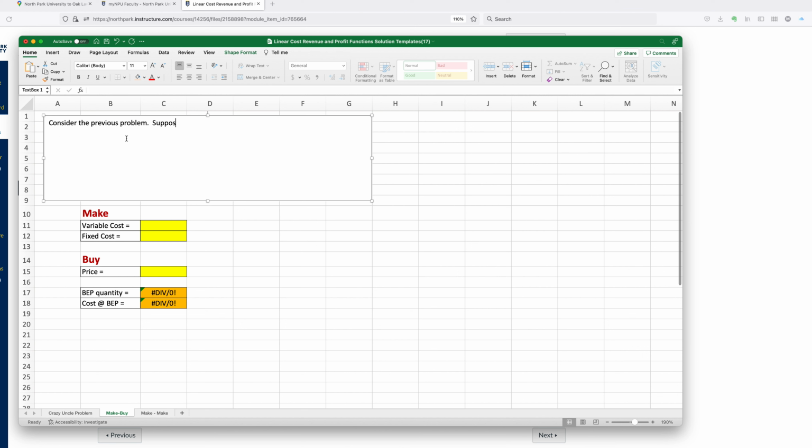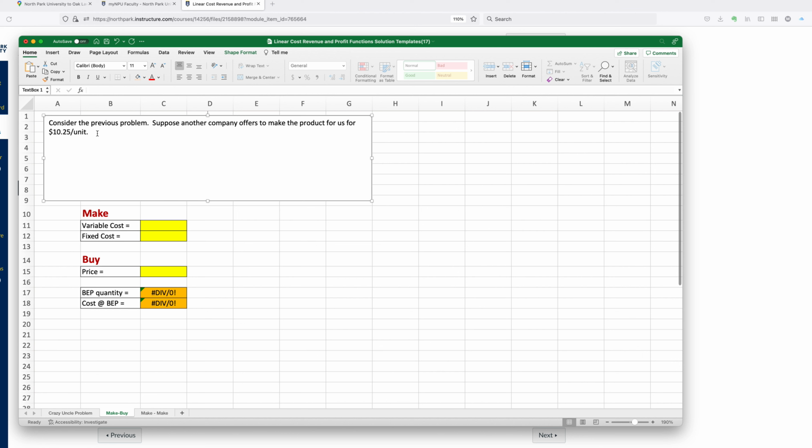Suppose another company offers to make the product for us for $10, and I'm going to make it complicated so it doesn't always come up pretty: $10.25 per unit. So we were making them for $9 for variable cost, but we had 14,000 fixed costs a month. Now I can make them for $10.25 and incur no fixed cost.